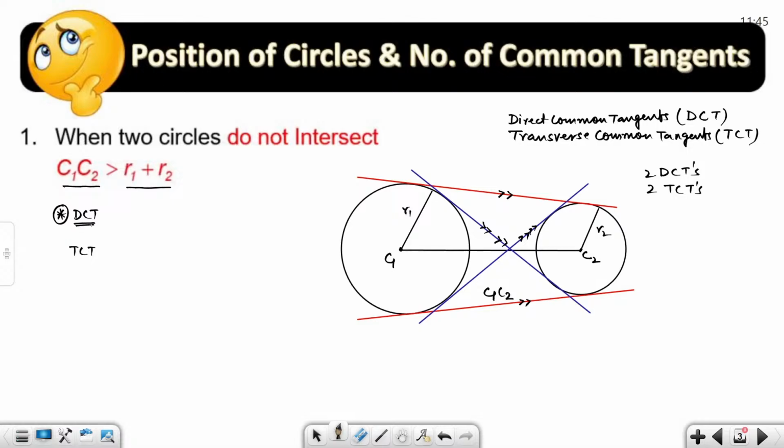Tangents will be called direct common tangents when both centers of the circles are on the same side of the tangent.